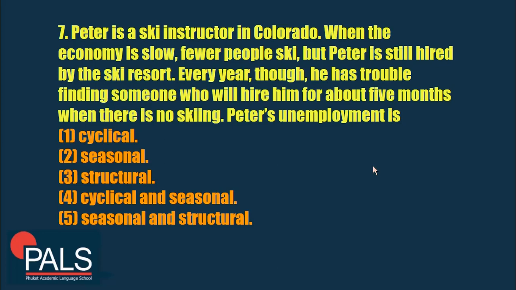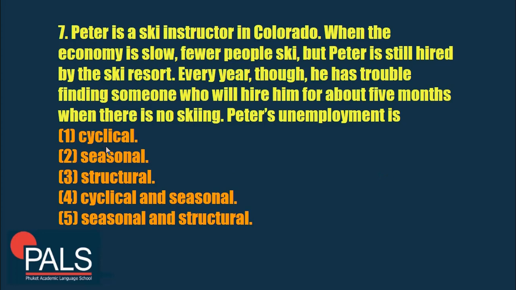Number 7. Peter is a ski instructor in Colorado. When the economy is slow, fewer people ski, but Peter is still hired by the ski resort. Every year, though, he has trouble finding someone who will hire him for about 5 months when there is no skiing. Peter's unemployment is what type? So it is seasonal.